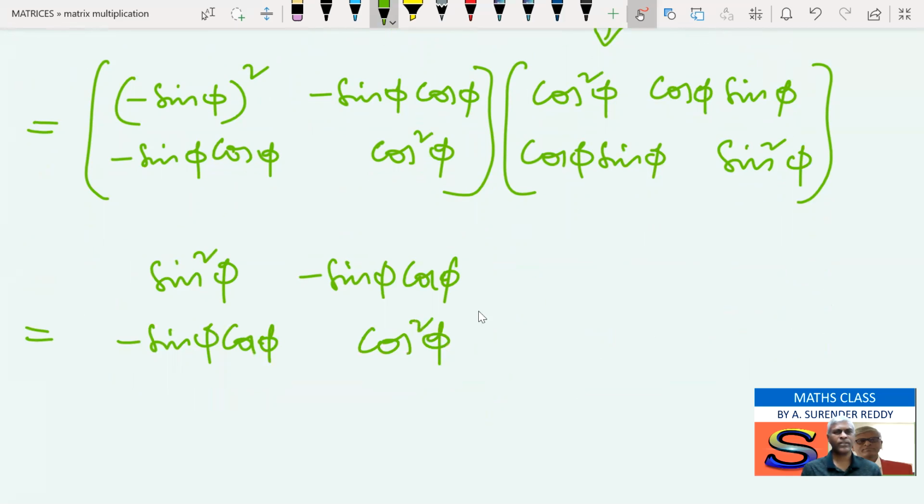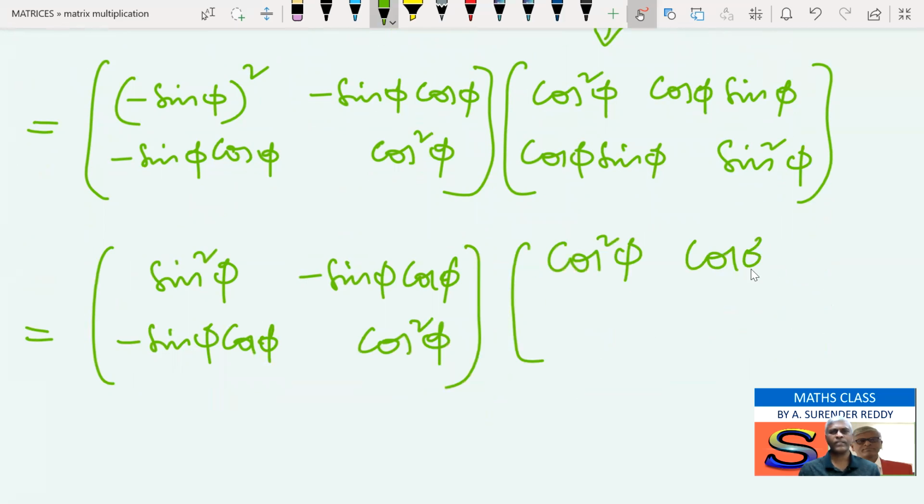This is cos square pi. No change in the second matrix, I'm writing as it is: cos pi sin pi, cos pi sin pi, and sin square pi.